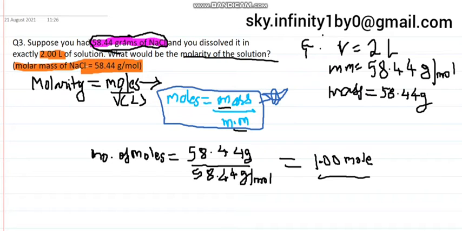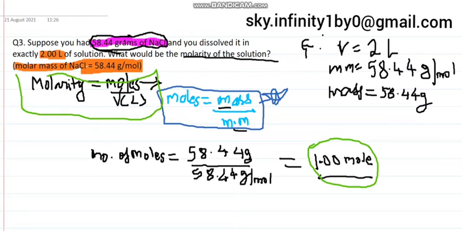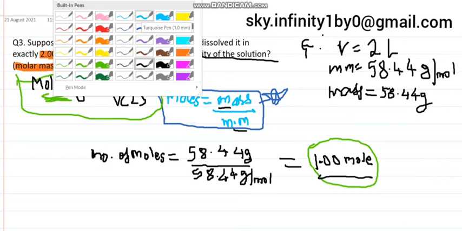Now that we have found the number of moles, which is 1, we can substitute the value of number of moles over here in this formula for molarity and get the answer for the molarity. So let's get the answer by substituting the values.